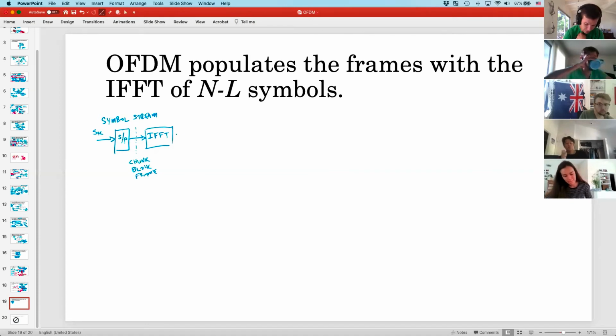Okay, so once we've got these, which I've been calling X vectors, now we go through a cyclic prefixing, which is going to extend the length of this X vector by L positions.